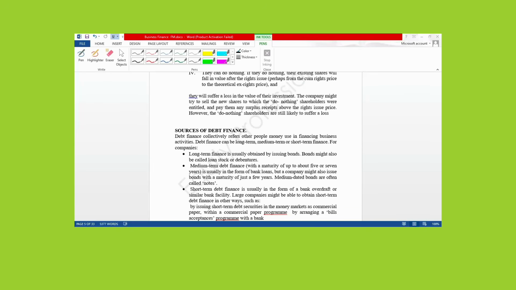That was the question. The examiner asked the students to differentiate between bank loan and bond.